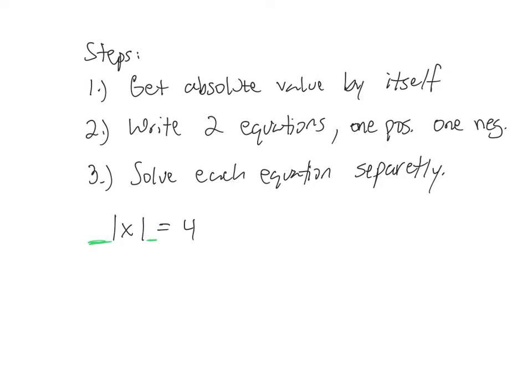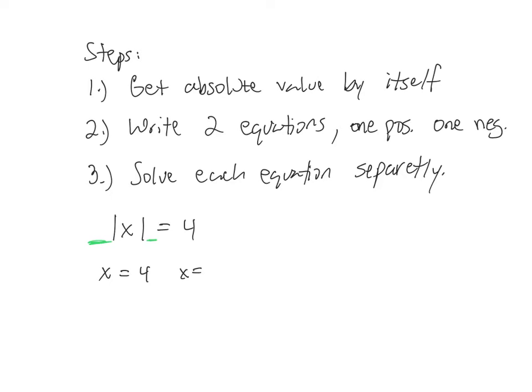But otherwise, there's nothing on that side of the equal sign except for the absolute value, which is what we want. And so when it says to write two equations, one positive, one negative, I'm going to take whatever's on the inside of the absolute value and it equals 4.